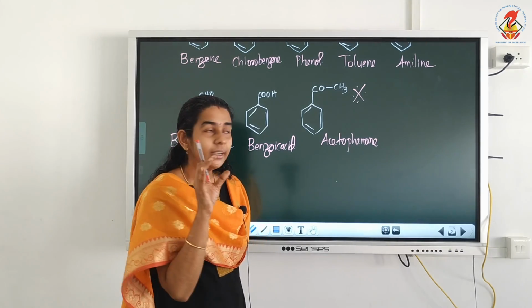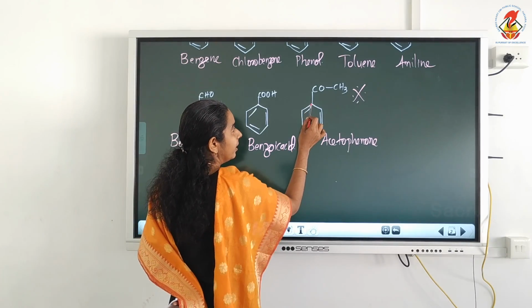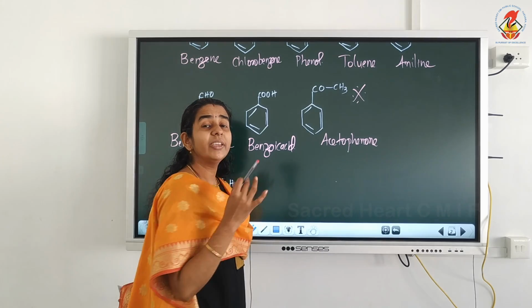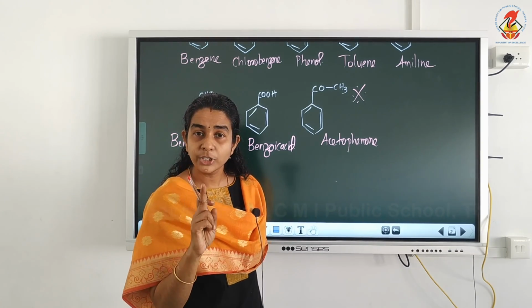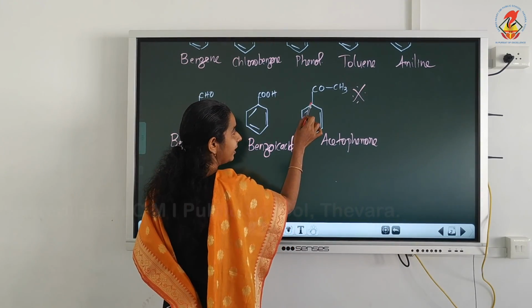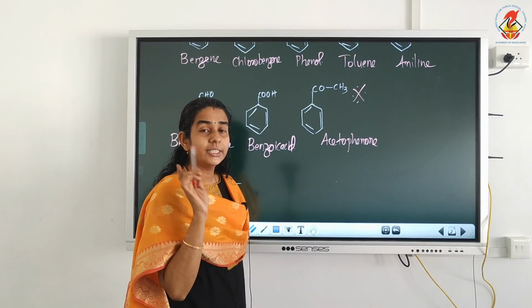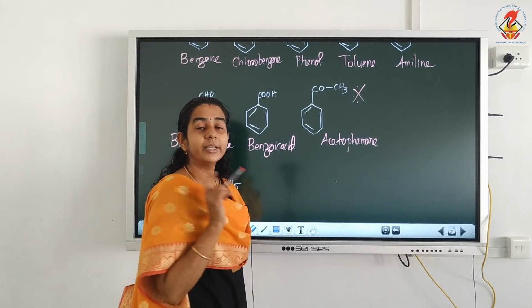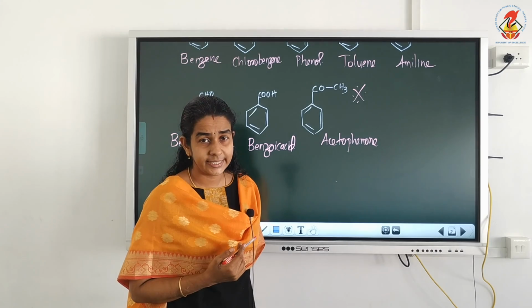We know that in the structure of benzene, in all these 6 positions there are carbon atoms, and on each carbon atom there is one hydrogen atom. That is why the formula is C6H6.